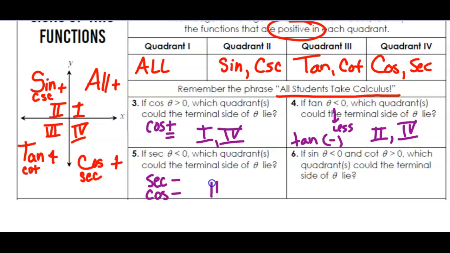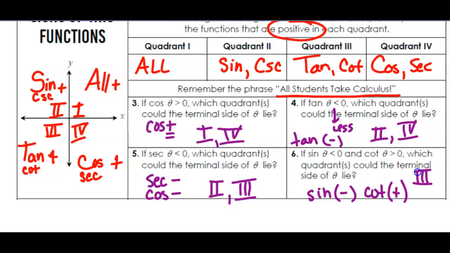So it's negative in 2 and 3. The sine is less than 0 or negative, and the cotangent is greater than 0 or positive. That would be quadrant 3 over here because the cotangent is positive there and here, and the sine would be negative here. So I hope those are making sense to you.